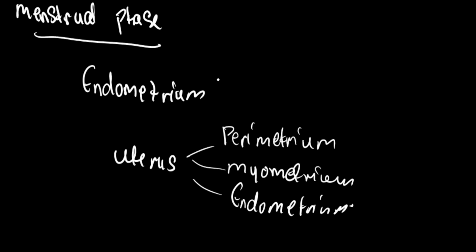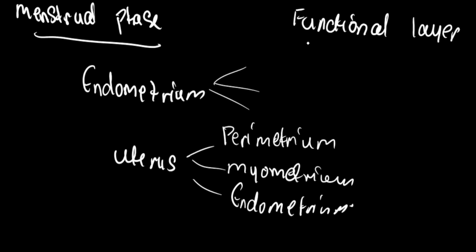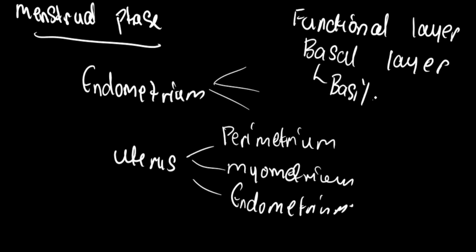Now, the endometrium, which is one of the layers of the uterus, has three layers. However, some texts have two layers. I say three layers in total because of the two layers that some texts have, which would be the functional layer and the basal layer, and some texts have this as the basilar layer.